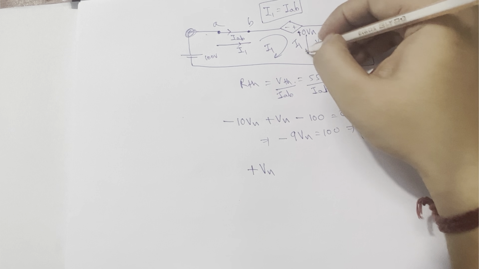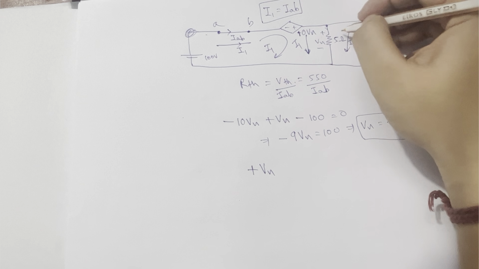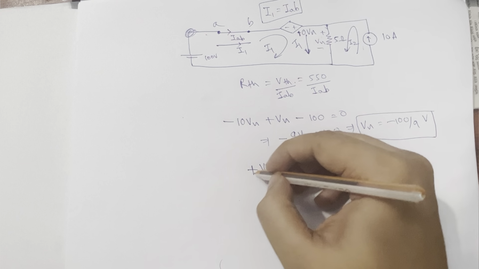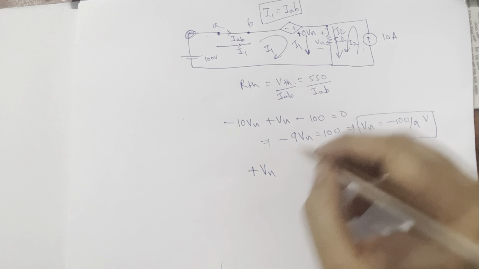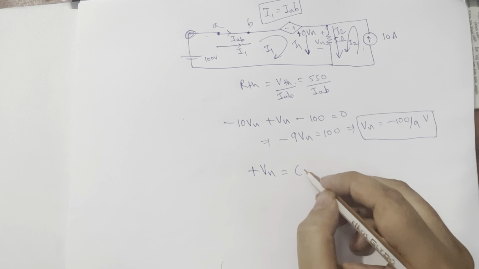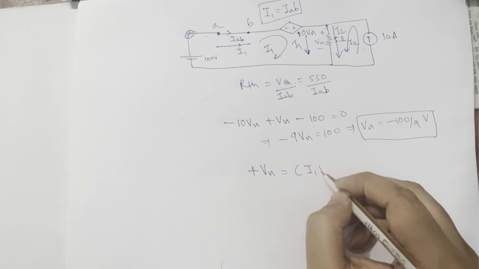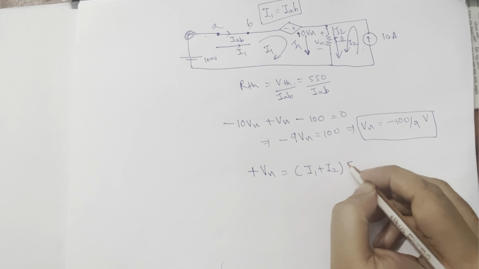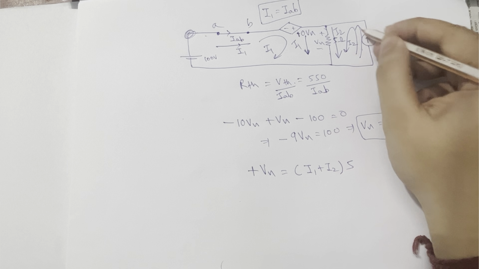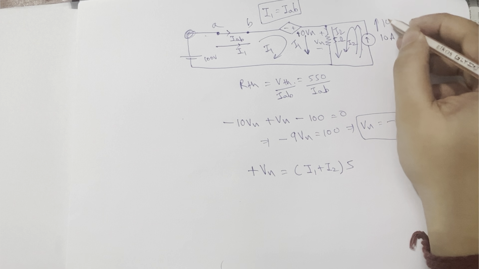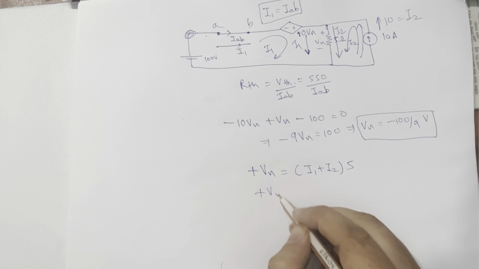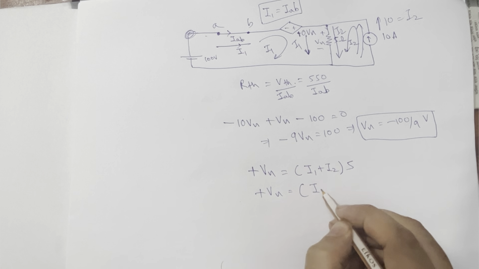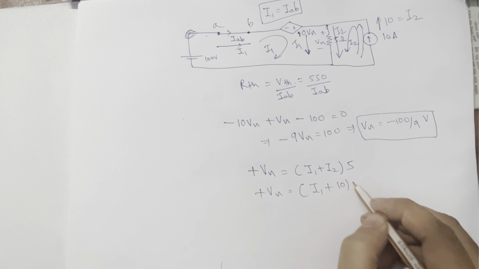The positive direction of I1 is flowing from plus to minus only. From this point to this point I write plus to minus, and from this point to this point plus I2 is flowing. So Vx will be equal to I1 plus I2 into 5. And I2 is the same as the branch current here, which is 10. So Vx will be equal to I1 plus 10 into 5.